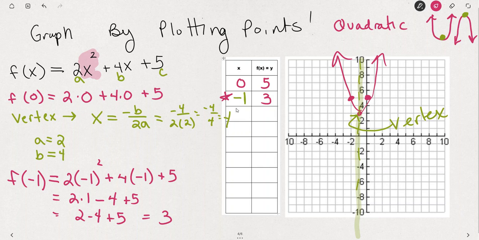Now, again, if you want to do point plotting, you could fill the chart and you might get enough points, but make sure that you keep plotting points until you certainly know where the parabola turns around. So eventually you really do need to find this vertex, either using this formula, the opposite of b over 2a, or by just stumbling on it when you do enough points. But that's how we can graph a quadratic function.